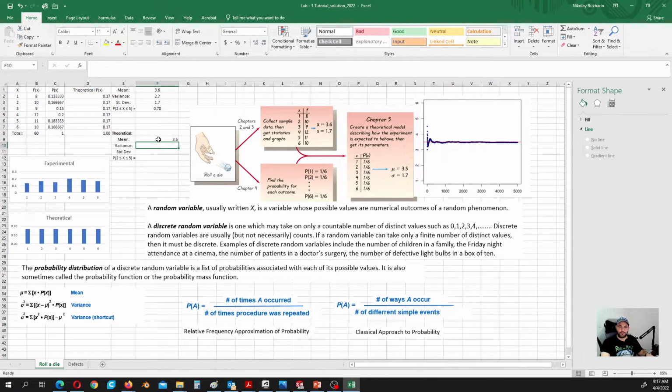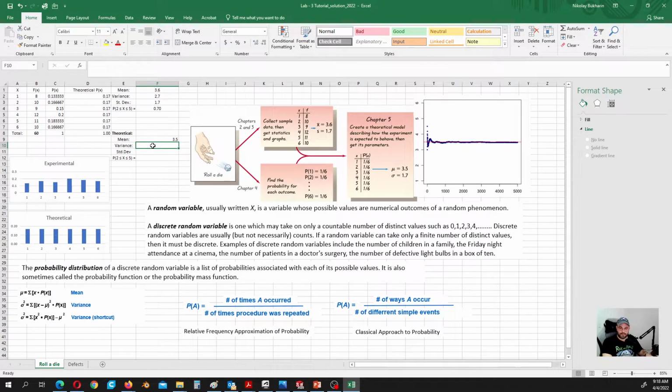And you see it's exactly 3.5 as we predicted. They're slightly different. But again, if we roll our die many times, as you can see here in the illustration, our experimental value of the mean is going to approach the theoretical.